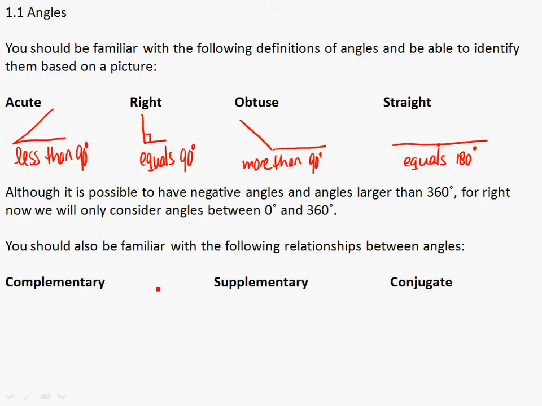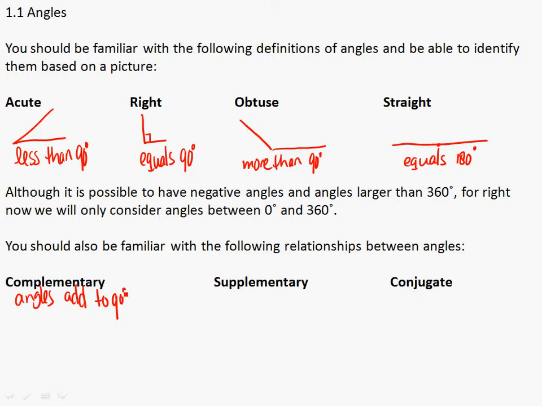Okay, then you have complementary angles. So this is a pair, right? These are relationships between, usually, two angles, although we could tweak this in word problems and give you a whole bunch that are complementary. Complementary means that the angles add to 90.